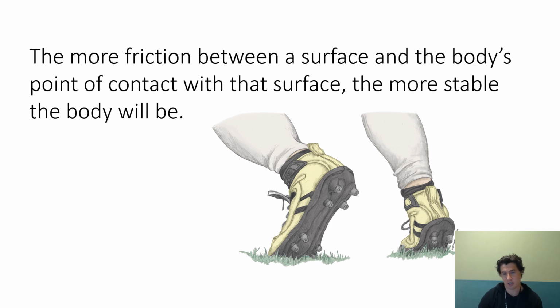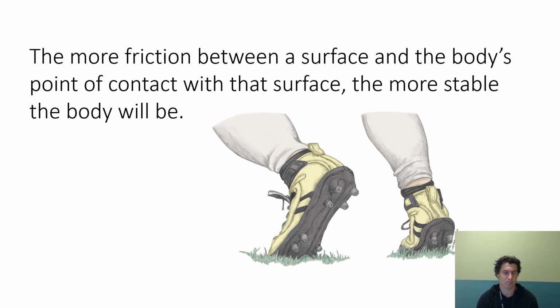The more friction between two surfaces, the body's point of contact, so your base of support, the more stable the body will be. If you look at sports where stability is important, then quite often there is equipment to increase that friction. So in rugby players, soccer players, there are sprigs because the ground can be quite soft.